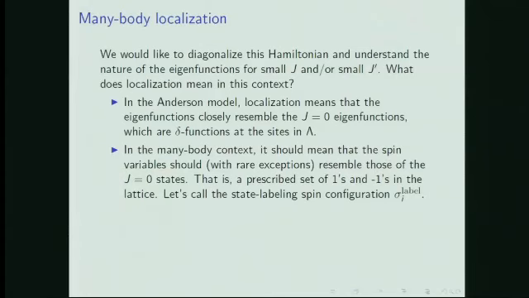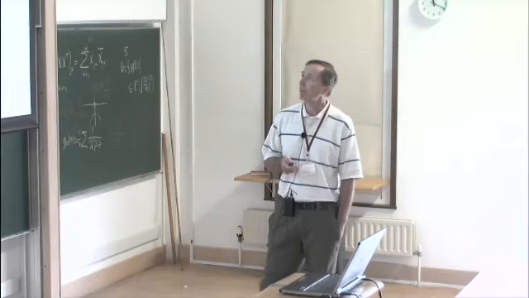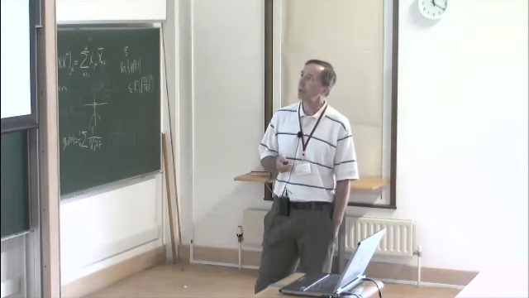All right, now, how can we translate this into the many-body context? Basically, the spin variables should resemble those of the j equals 0 states. Those are the states where you've turned off, again, this off-diagonal part of the Hamiltonian.